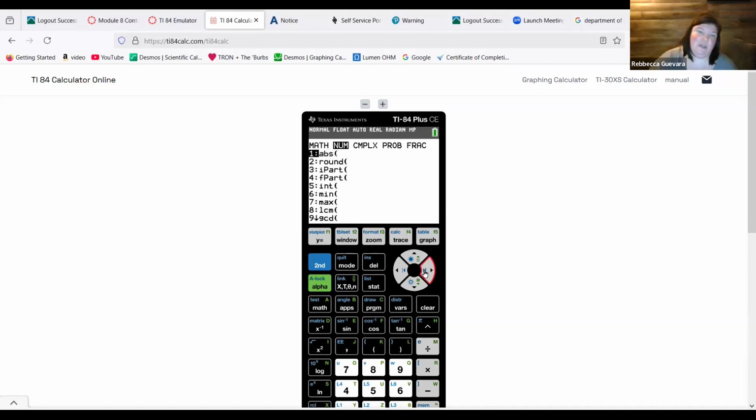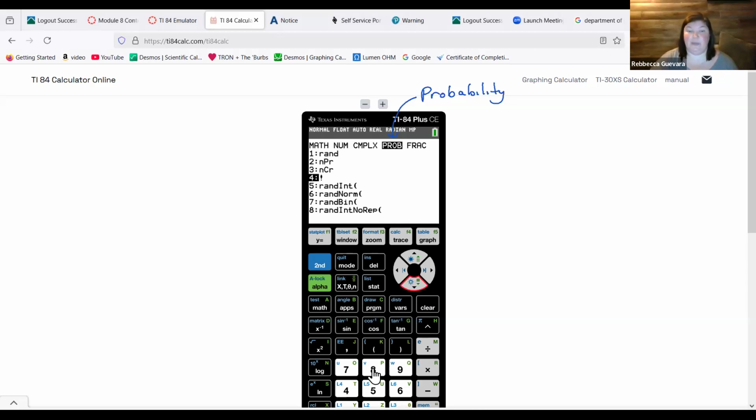Then we have NUM, looking at round numbers and things like that. This deals with complex numbers. And then we have PROB, so that is probability. And inside of here, you'll notice I have nPr, nCr, and I also have factorial.